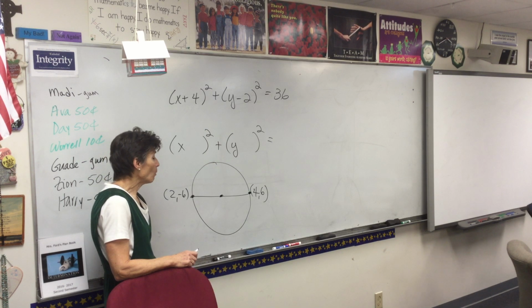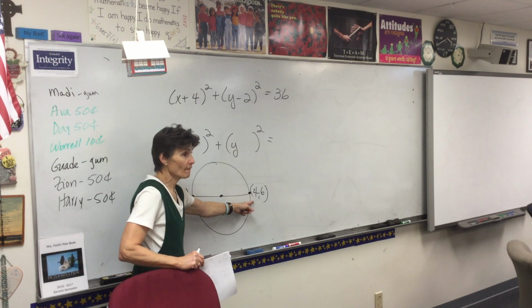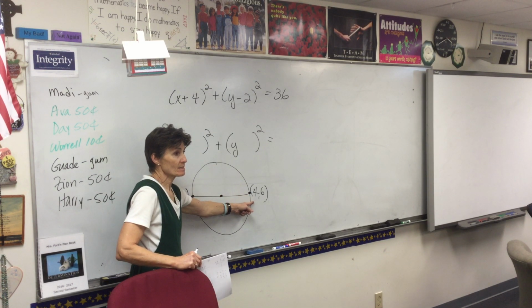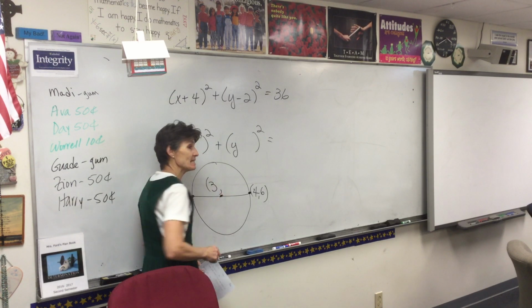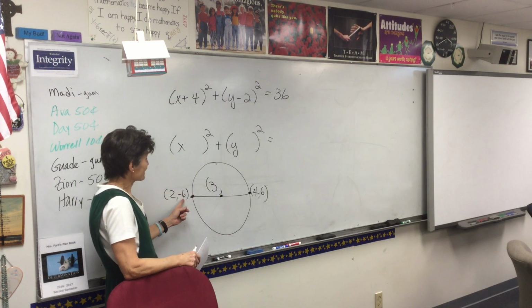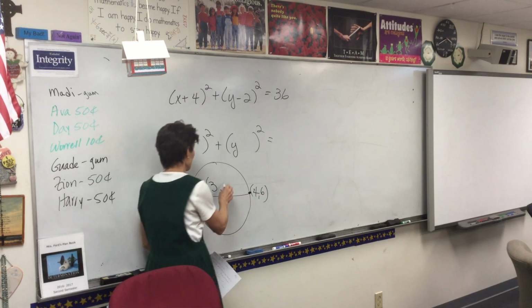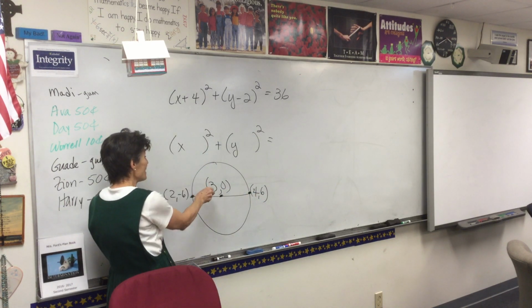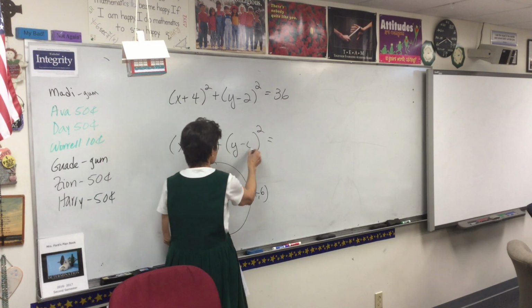So I find the midpoint by averaging. What's 2 plus 4? 6 divided by 2, 3. I'm finding the average. What's negative 6 plus 6? 0. Divided by 2 is still 0. So my midpoint, my center, is (3, 0).